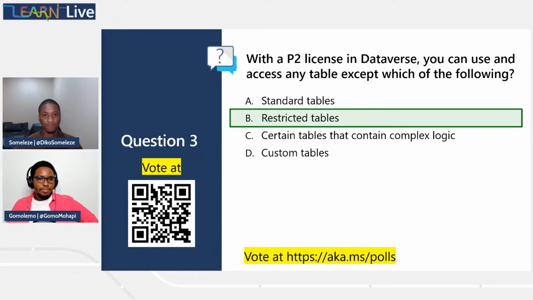I don't know if that rings a bell to everyone else joining the session. Just a few minutes ago, I mentioned that for restricted and complex tables, you need additional licensing so that you can use them within Dataverse. So obviously, we just touched on the very same thing when explaining what the actual answer is and why the answer is correct.